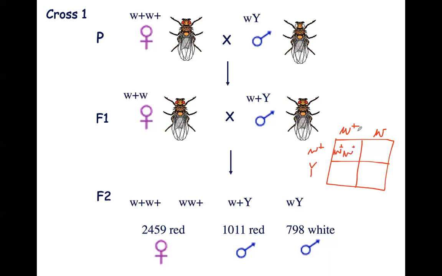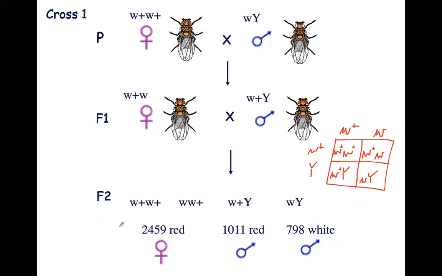Remember, the plus means normal, so this is red eye. W plus, and then the mutant is recessive, so W plus W, this is also red eye. This is W plus Y, that's a red eye. We got W Y, that's white. That's where these come from. And here's what they got.